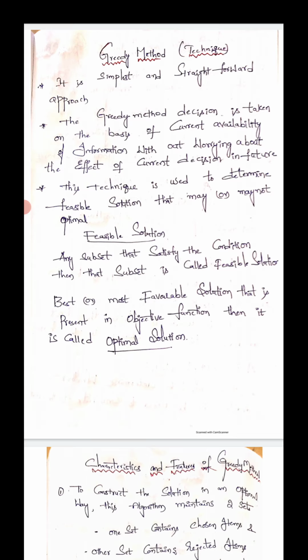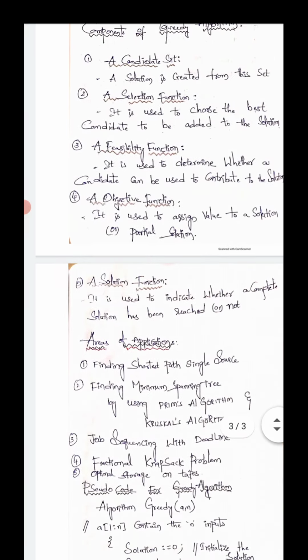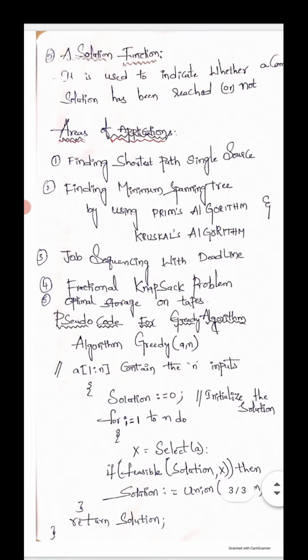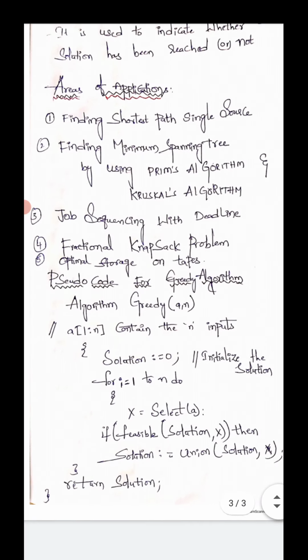In this concept we need to study the algorithm, that is, the pseudo code for a greedy algorithm. Let us see the pseudo code. We have an array a of size n, a[1:n], which contains the n inputs.